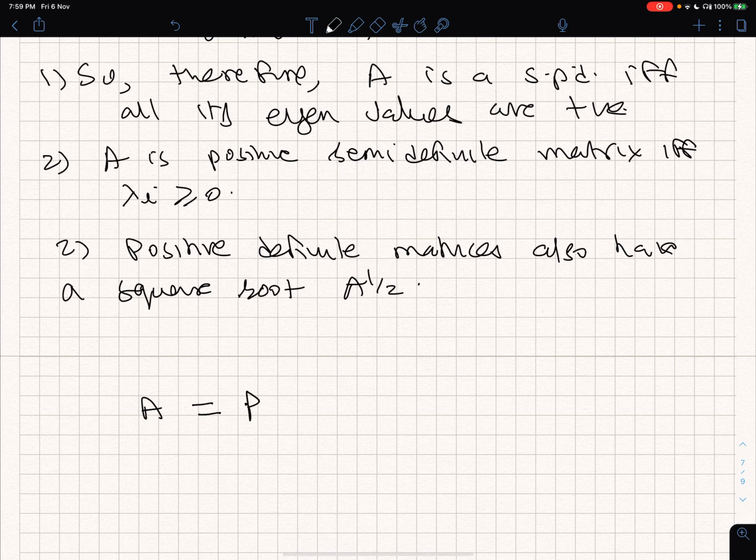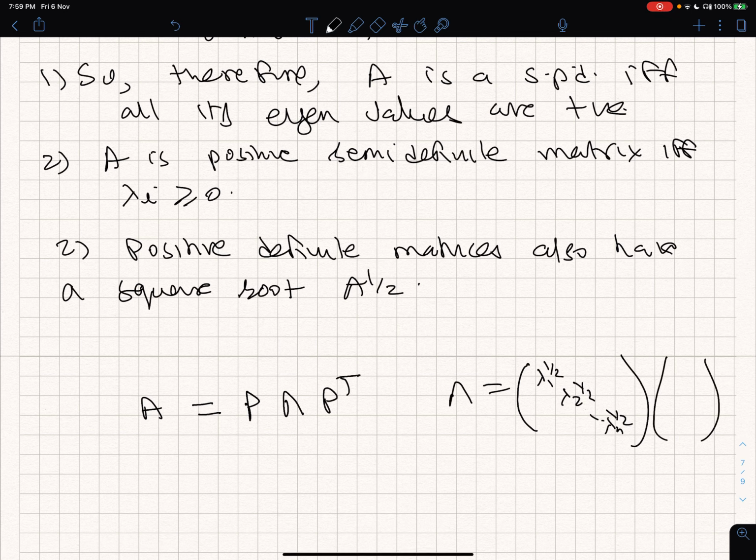So A is this for a symmetric matrix. Now assume that A is positive definite, then all these diagonal values, the eigenvalues, are greater than 0. So therefore, write this as square root of lambda 1, square root of lambda 2 up to square root of lambda n into the same matrix again, lambda 1 to the power half, lambda 2 to the power half, and so on. Why?